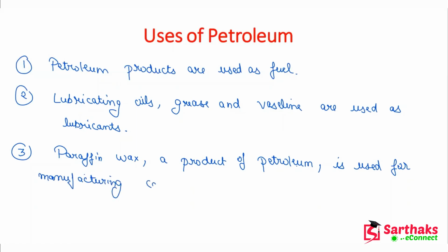candles. We all know how important candles are. Today we have lights and all, but in the older times we didn't have that much electricity available in all parts, and that's why candles were very important at that time. Waxed paper we also have.